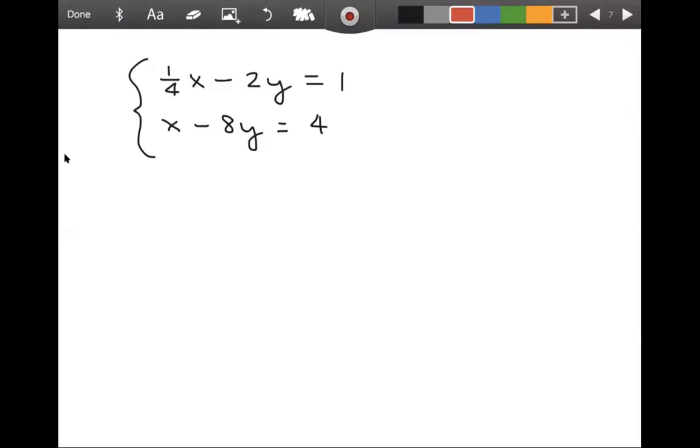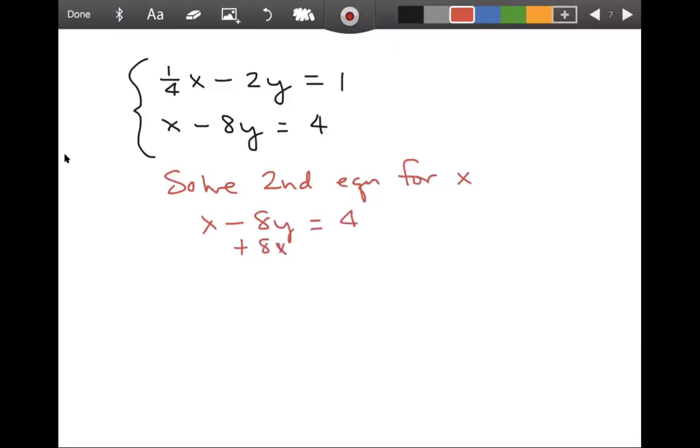Well, this time, the easiest choice is to solve the second equation for x, because it doesn't have any number attached to it. So I take x minus 8y equals 4, and I add 8y to both sides.